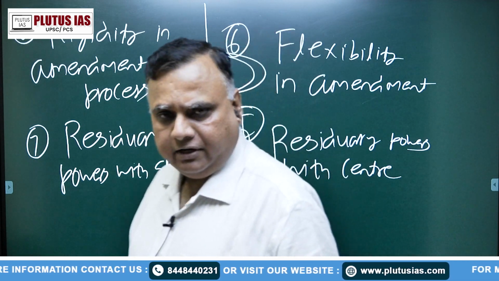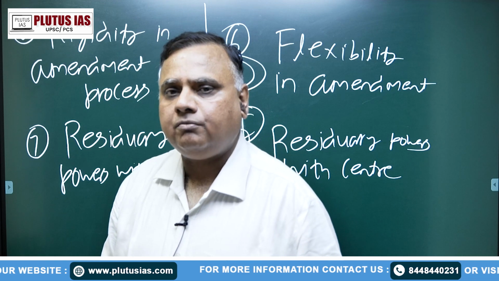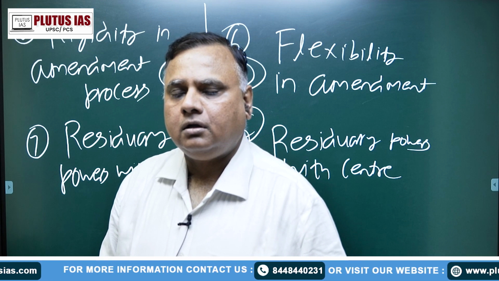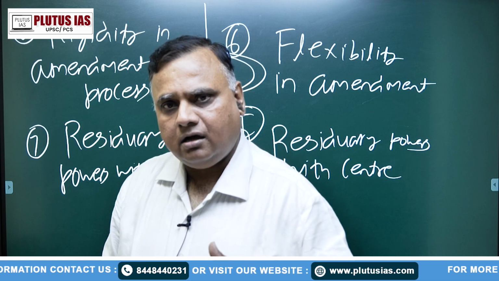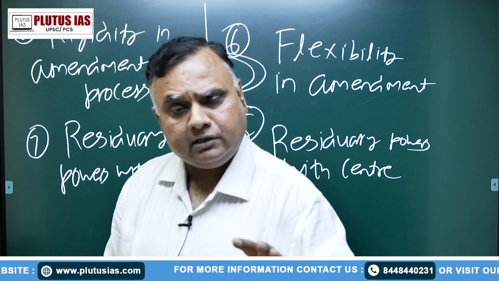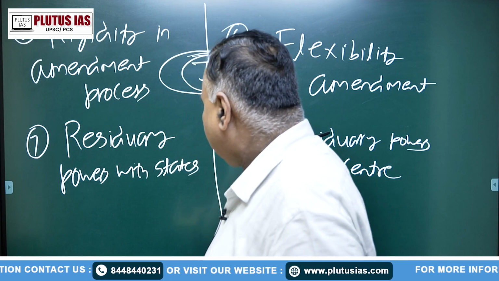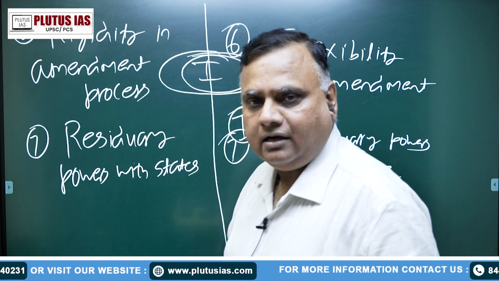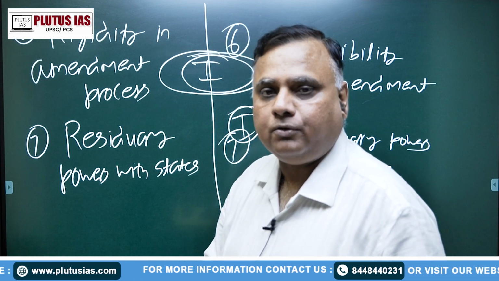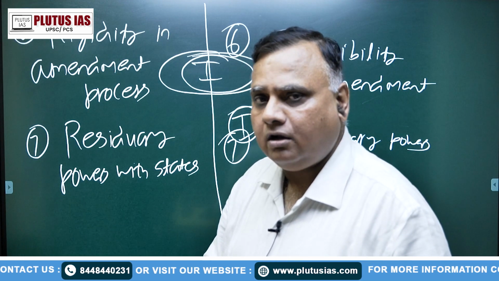For example, I have already discussed that in America, there is only a federal list. On all other matters, states will make law. In Canada, there are two lists, the central list and the state list. And residuary powers in Canada are also with the center, not with the states. As I said, Canada also has a quasi-federal polity. India's quasi-federal polity is inspired from the Canadian model, not from the US model.